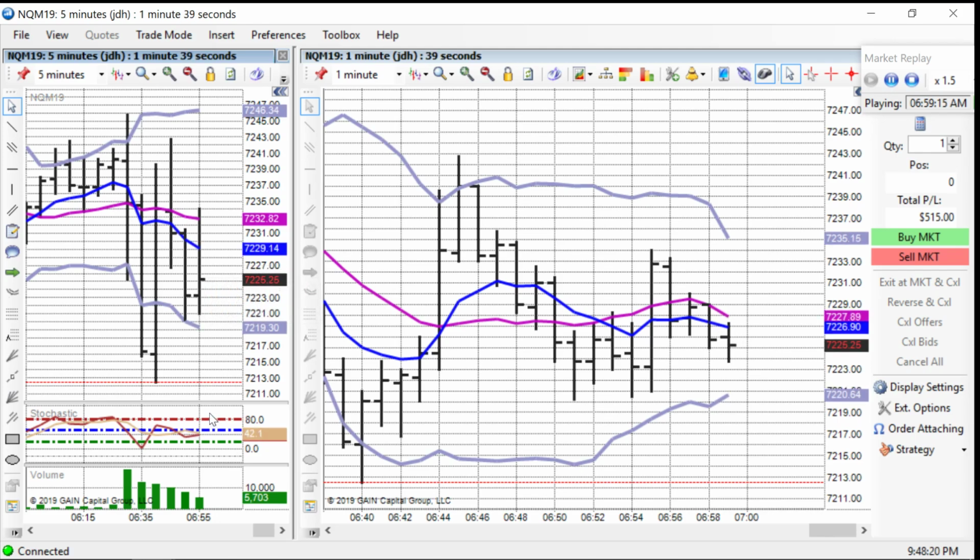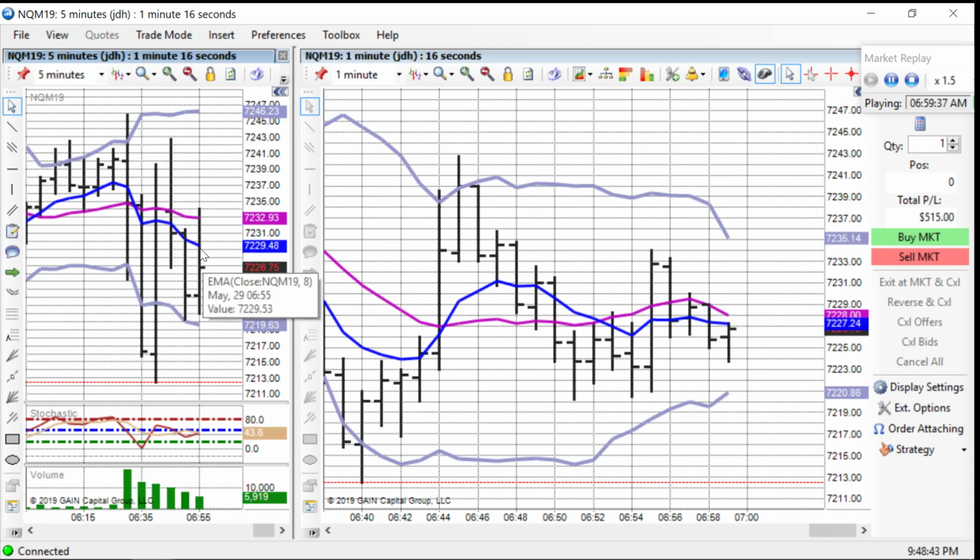So this is a good example of how it keeps you out of trouble too, by reading the 5-minute chart well. See how that was a good trade entry on the 5-minute chart right here for a short trade entry at 72.31 as it passed through the 8 EMA line.